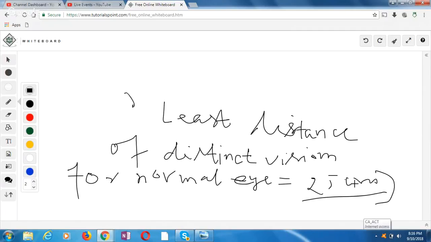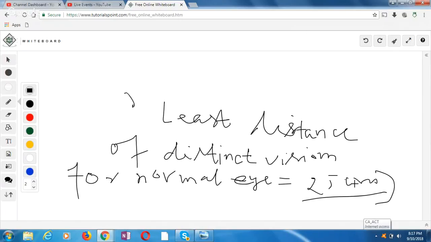Try to understand this least distance of distinct vision, which is 25 centimeter for a normal eye. In case of hypermetropia or long sightedness, it increases from 25 centimeter and goes beyond 25 centimeter. It can become 40 centimeter, 50 centimeter, or 100 centimeter, depending on the extent of disease.